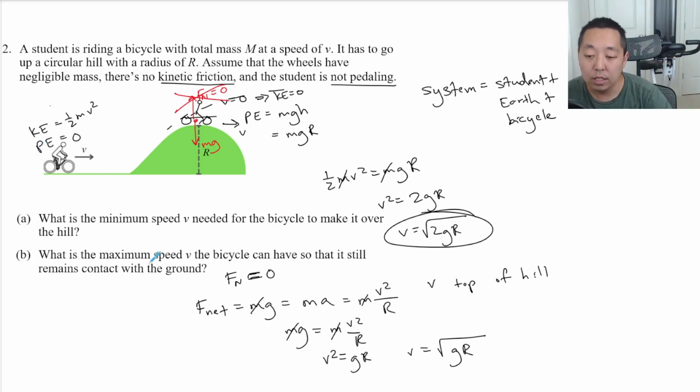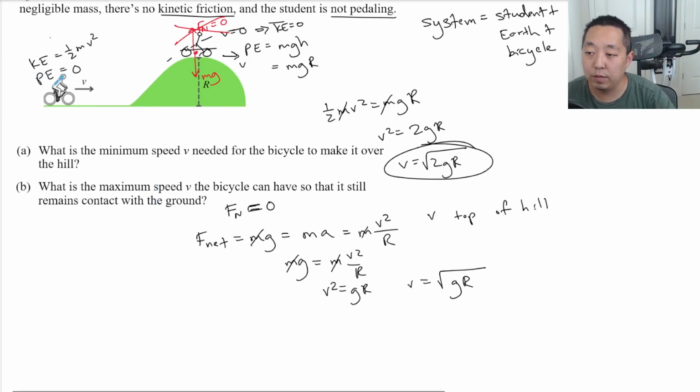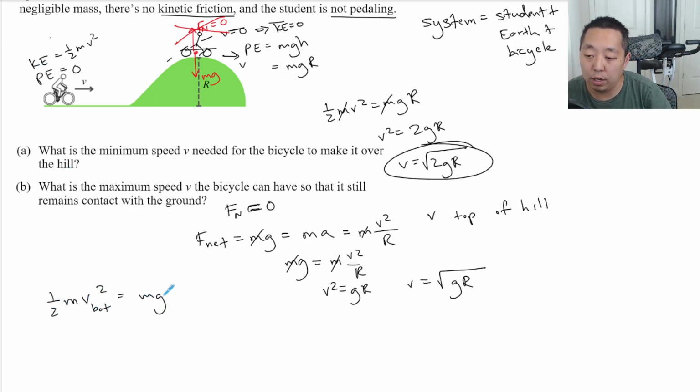All right, so here's where we're going to do conservation of energy. 1/2 m v bottom squared has to equal mgr, the gravitational potential energy, plus 1/2 m v top squared. I want to know the velocity at the bottom.